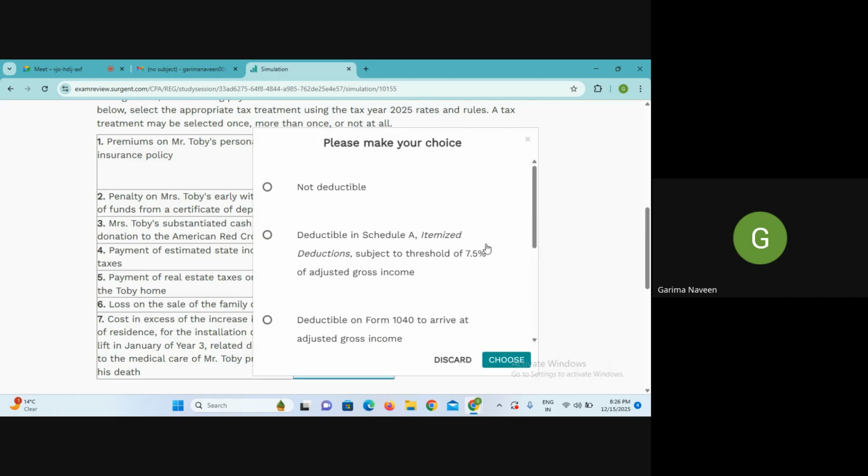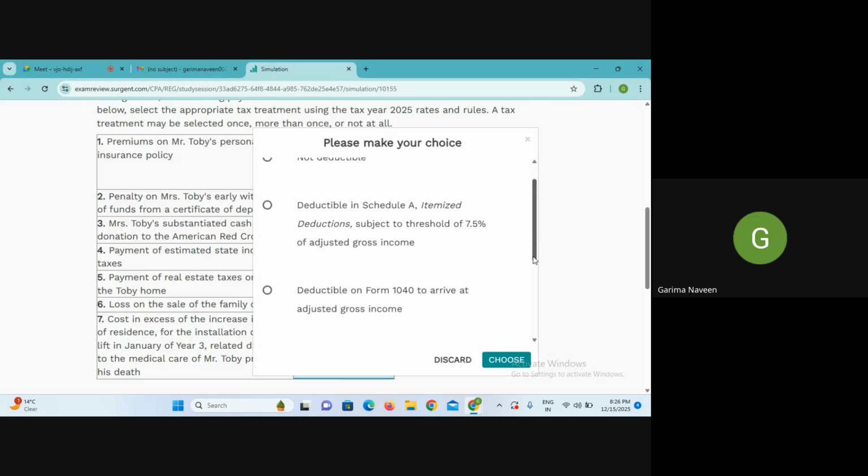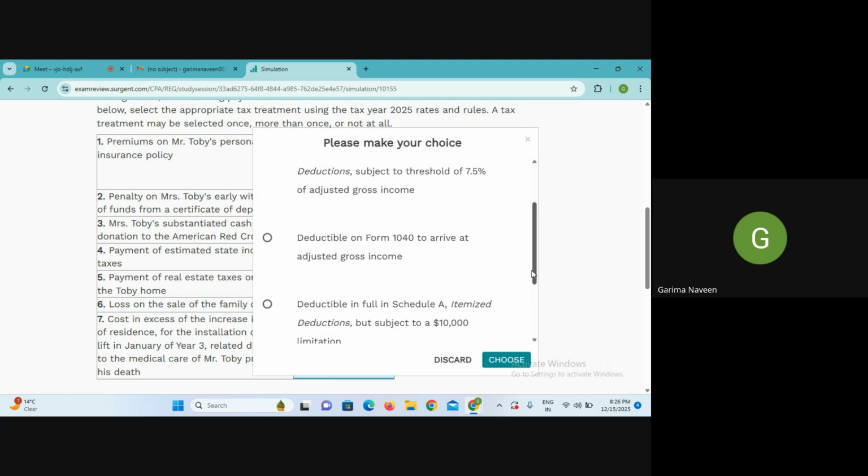Itemized, adjusted, or other? Ma'am, not deductible.